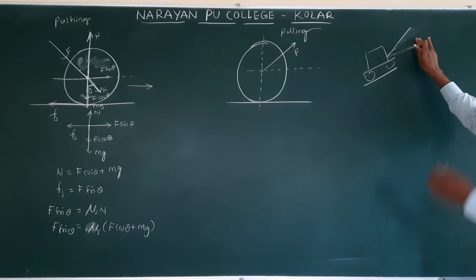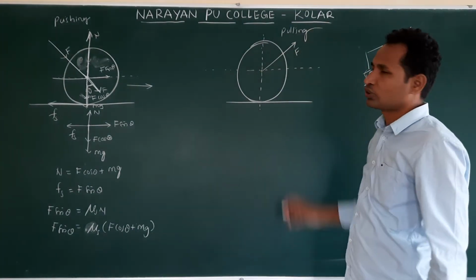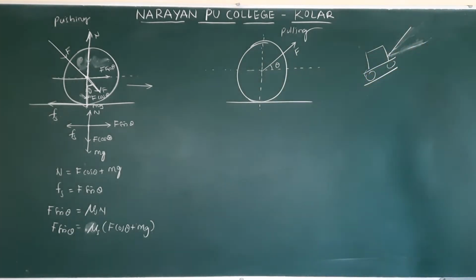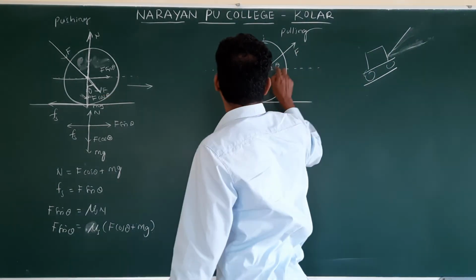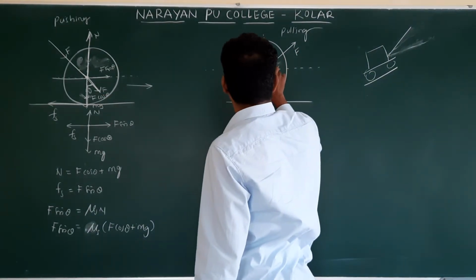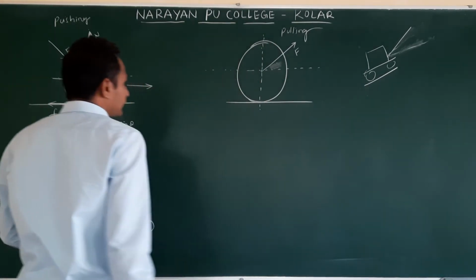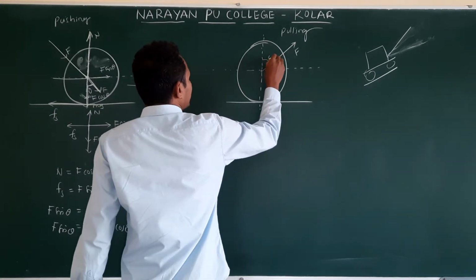It makes an angle with the horizontal. Am I correct or not? Same situation here. We are applying a force like this, so it's making an angle theta with the x-axis. Clear? There we took it with the y-axis, so I will take it here also with the y-axis, otherwise the equations change. Clear? Here it is theta.